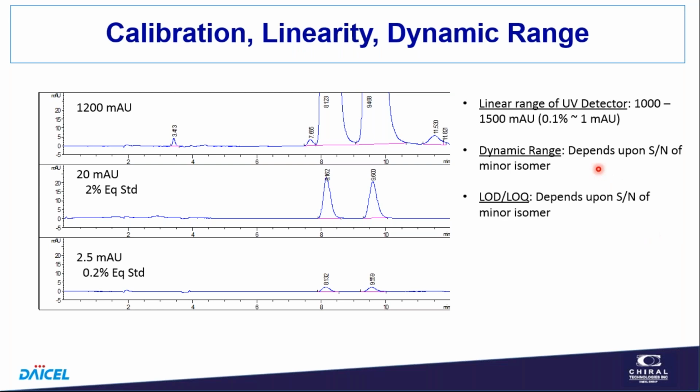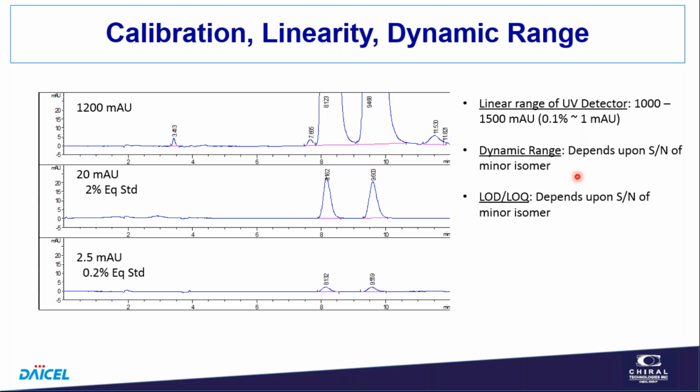So linear range: we are dealing with the ratio, so we are really dealing with the area percent, but the dynamic range of UV detectors is on the order of 1,000 to 1,500 milliabsorbance units. That makes 0.1% on the order of 1 milliabsorbance unit. So the dynamic range will depend on the signal to noise of the minor component.